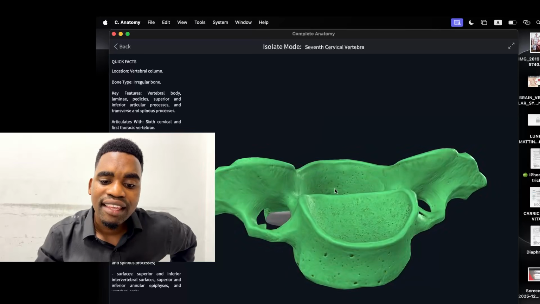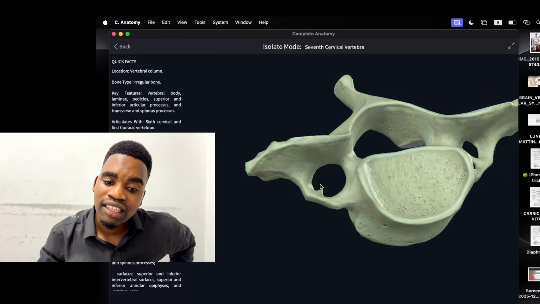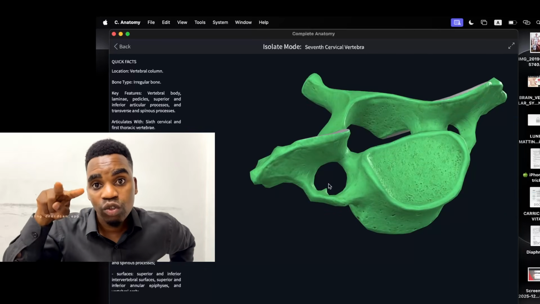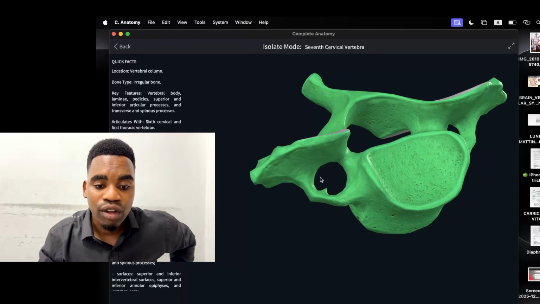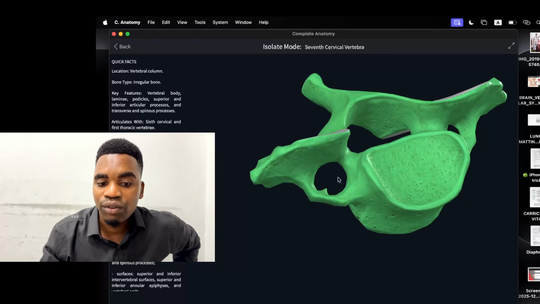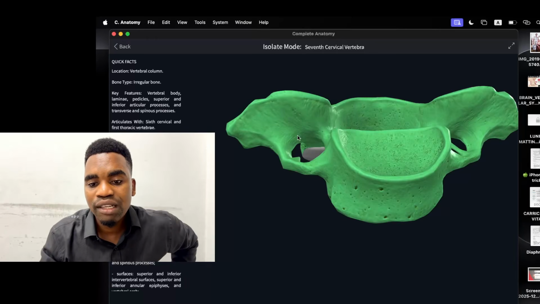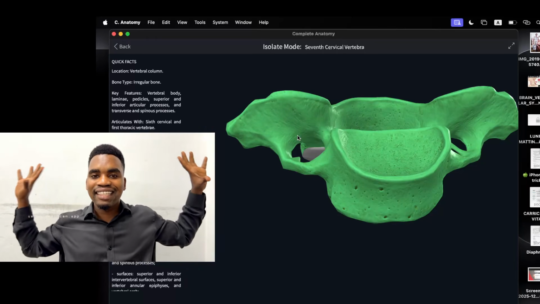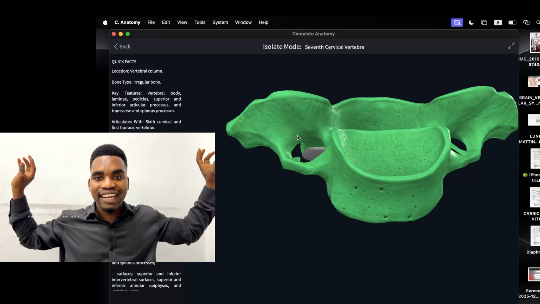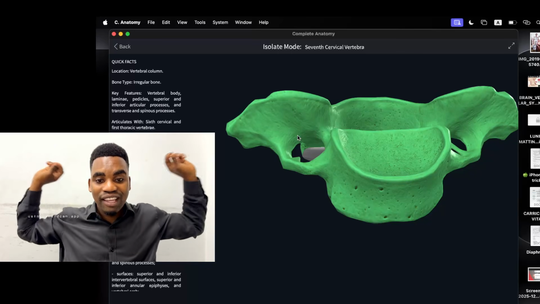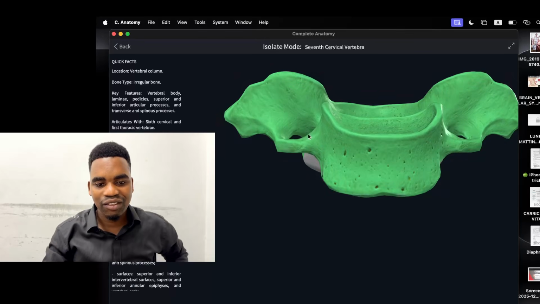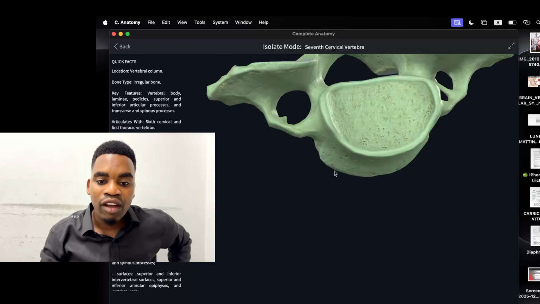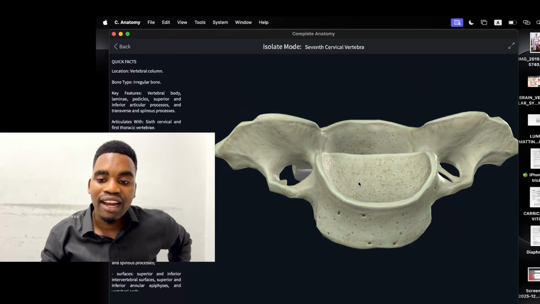Again, for the transverse process, we expect it to terminate by forming two tubercles, anterior and posterior, for attachment of muscles. But this one does not have an anterior tubercle. The transverse process is enhanced laterally to form an ear-like projection, like the ears of an elephant. We've already seen that we can have the cervical rib.